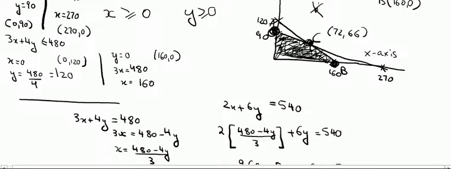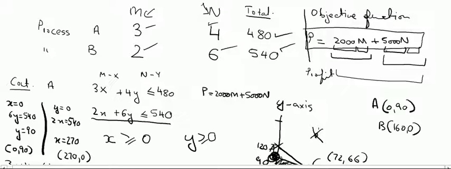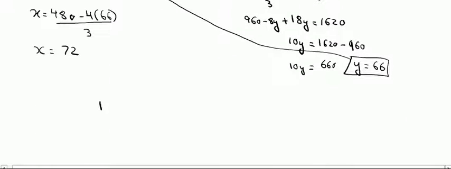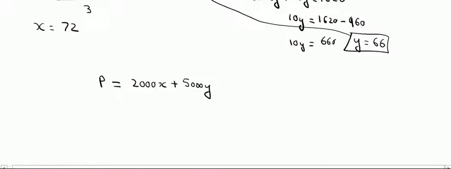Now that we have found all the coordinates and we know the profit maximization objective function, we can substitute it one by one and identify the point where our profit will be maximized. Our profit maximization function P equals 2000x plus 5000y, and point A has coordinates of (0, 90), which means we can produce 0 units of x and 90 units of y.